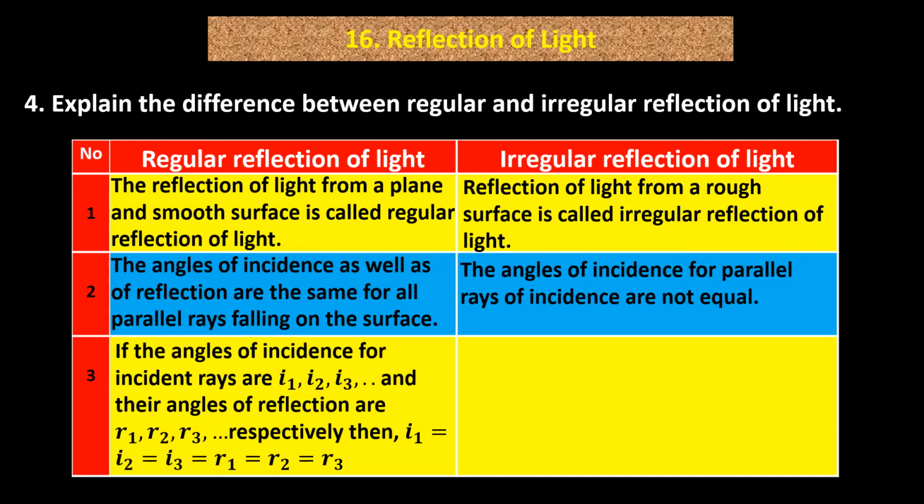If the angles of incidence for incident rays are I1, I2, I3 and their angles of reflection are R1, R2, R3 respectively, then I1 equals I2 equals I3 equals R1 equals R2 equals R3.